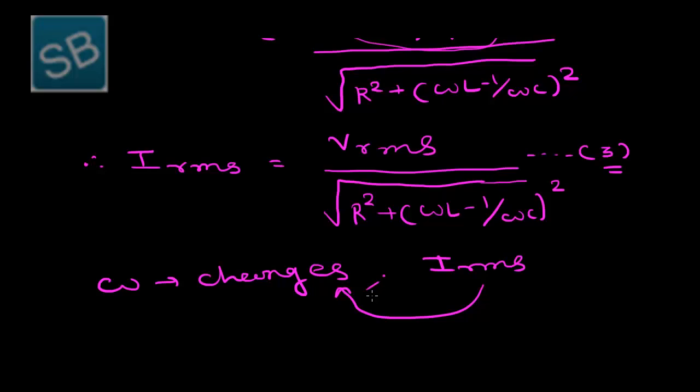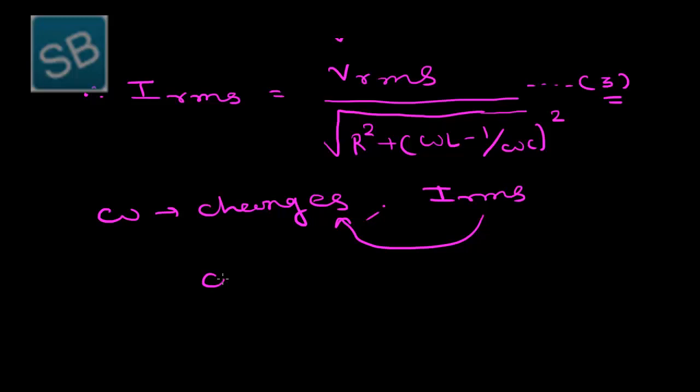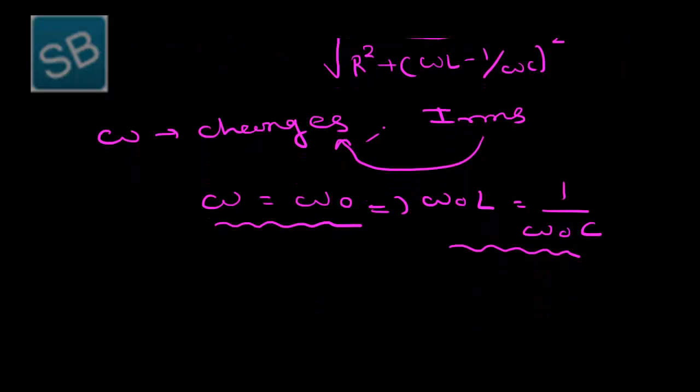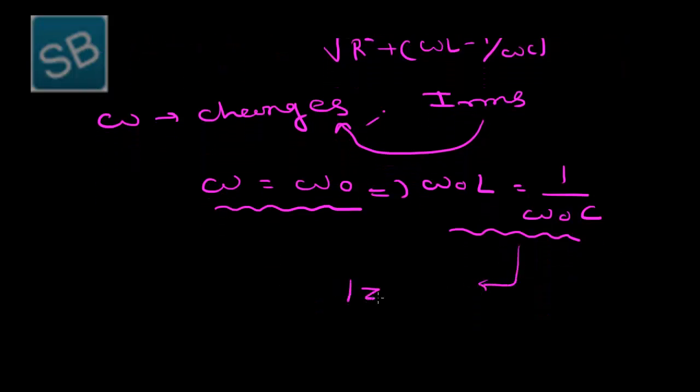Hence I can consider one particular value of omega, equal to omega 0, the value at the 0th position, and at this point I can write omega 0 L is equal to 1 over omega 0 C. In this condition the value of impedance will be minimum, and with the minimum value of impedance, the electric current passing through the circuit will be maximum.